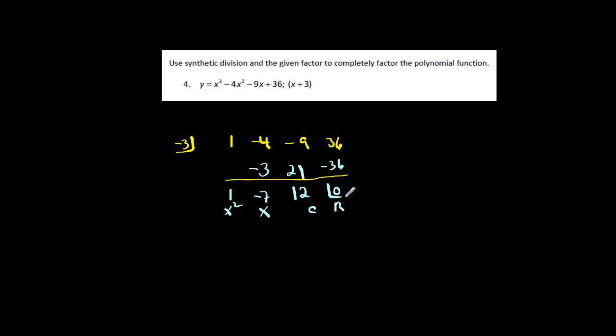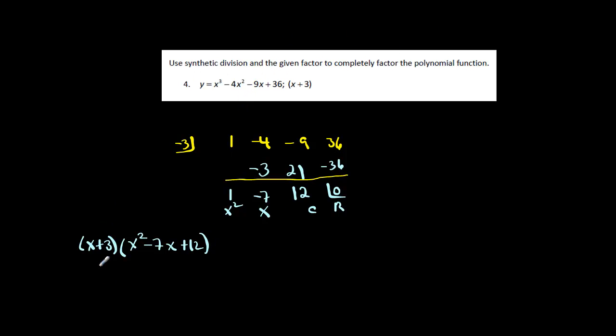Because the remainder is 0, that means that x plus 3 is a factor of this trinomial. Not trinomial, but cubic function, I should say. So, x plus 3 times the quotient, which is your answer, x squared minus 7x plus 12, is the same thing as this function.